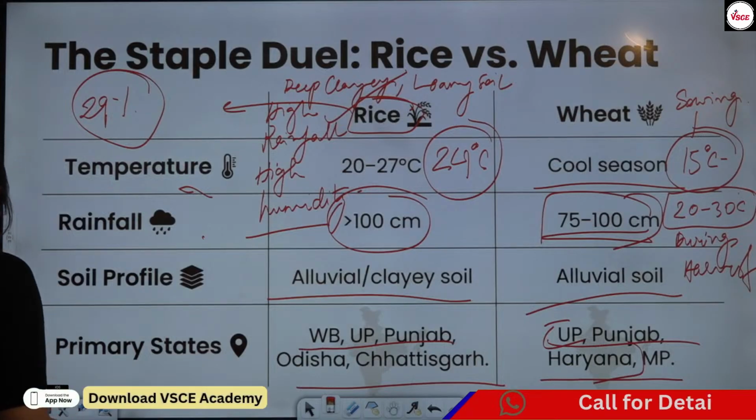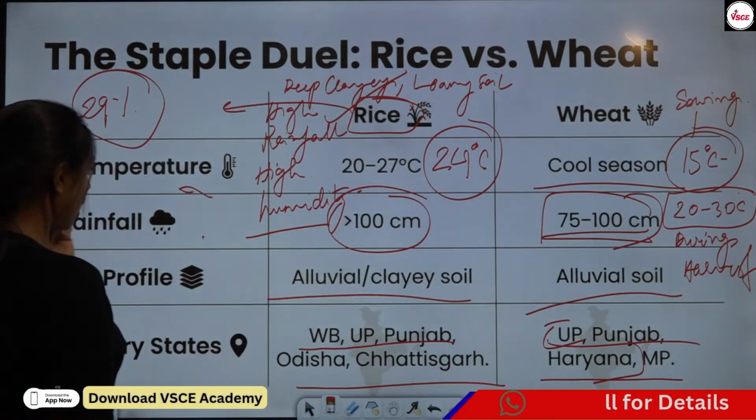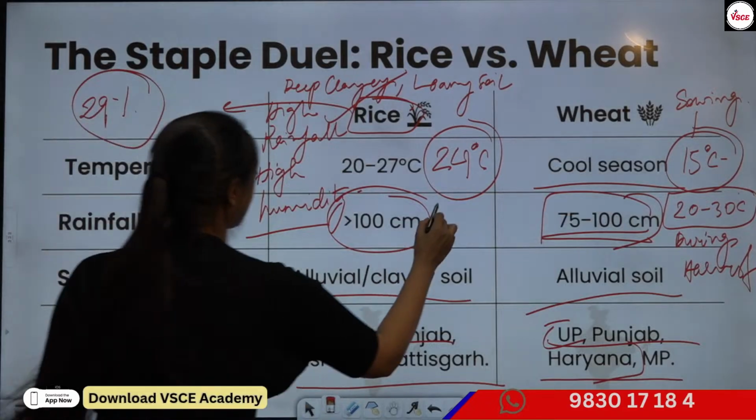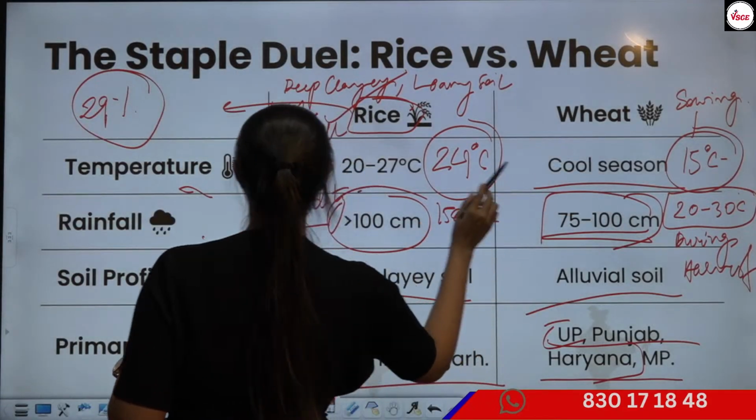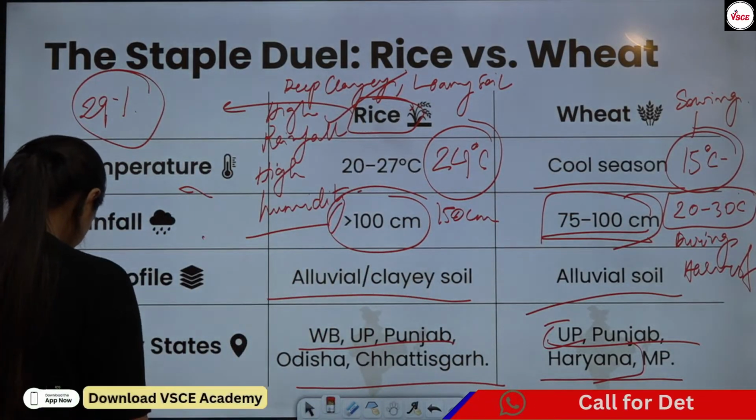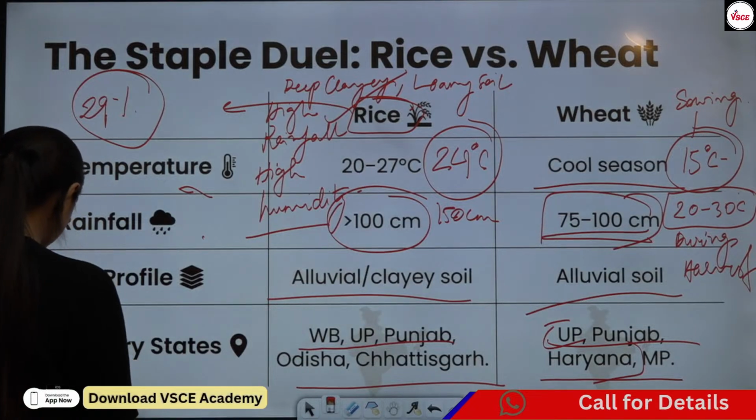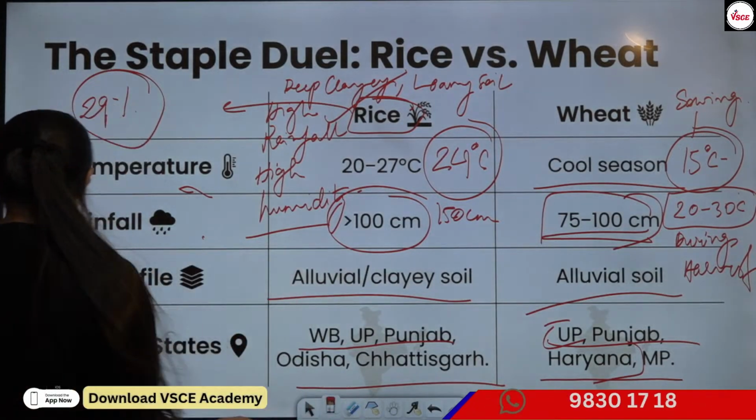Yeah, so I was telling you that rice requires more than 100, around 150 centimeter of rainfall, right? And rice is predominantly found in floodplains and river deltas.